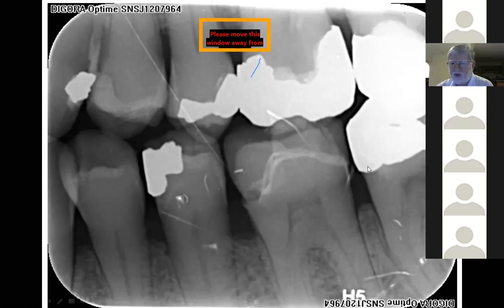If the margins all appear to be intact, this is a tougher call. Do you still replace that? Do you say to the patient, look, keep this area clean, floss, floss, floss 10 times a day, and I'll see you for your regular checkups, but a year from now we're going to take another radiograph and compare between this one and the next one.